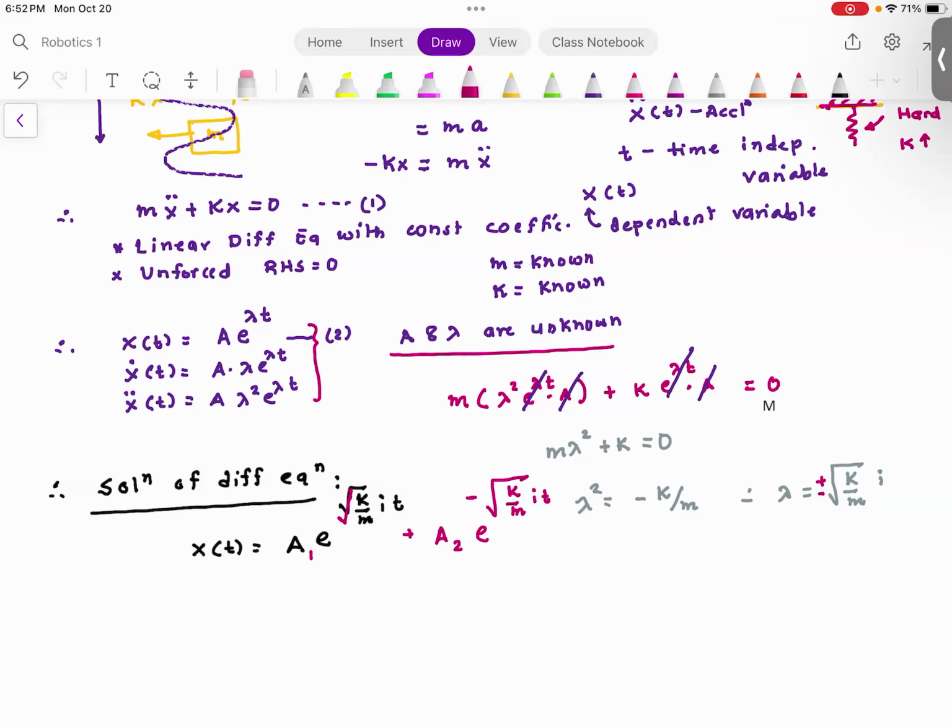Before we go there, I want everyone to remember that whatever you studied in your differential equation class can be summarized in one sentence. If you are solving a linear differential equation with constant coefficients, you spend half of your class doing that.